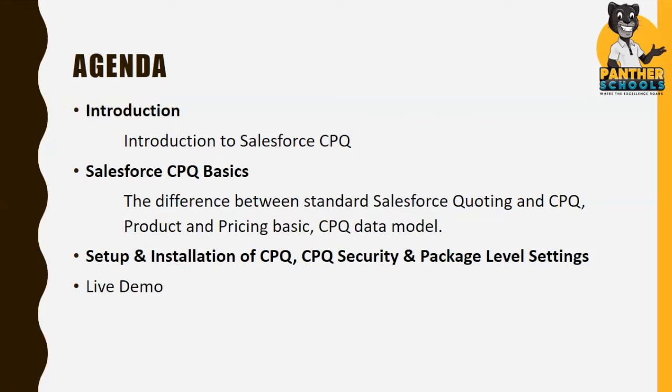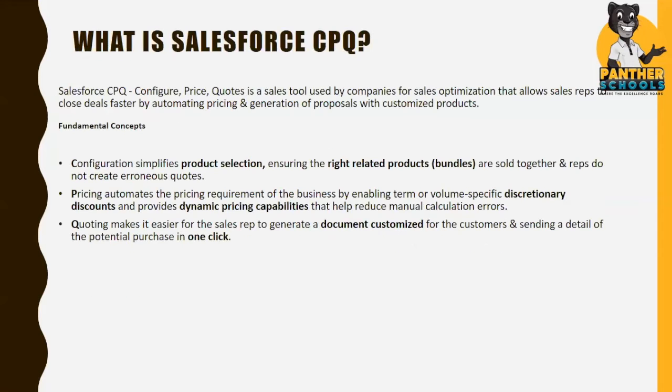Okay, so what is Salesforce CPQ? Salesforce CPQ works on three words: configure, price, and quote. What does configure mean? Configuration is like when you buy a laptop or desktop in earlier days, you are configuring the bundle.